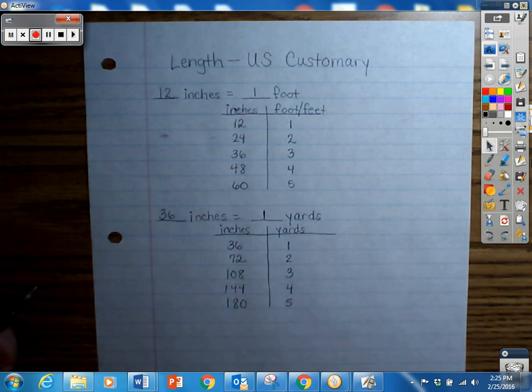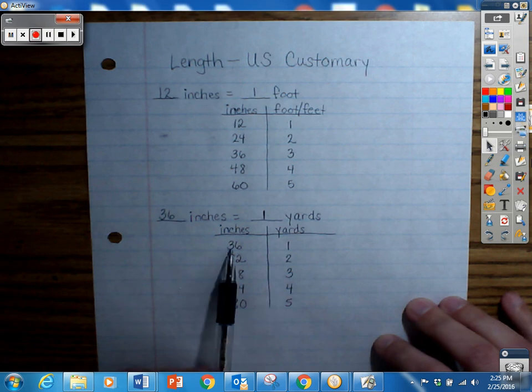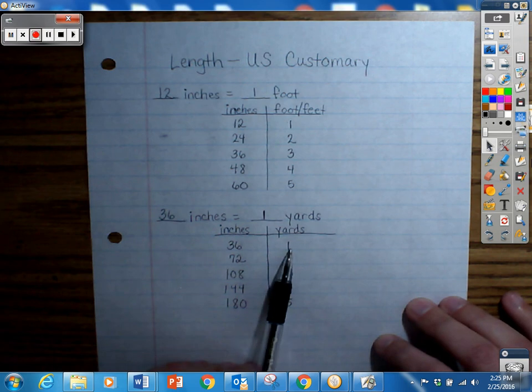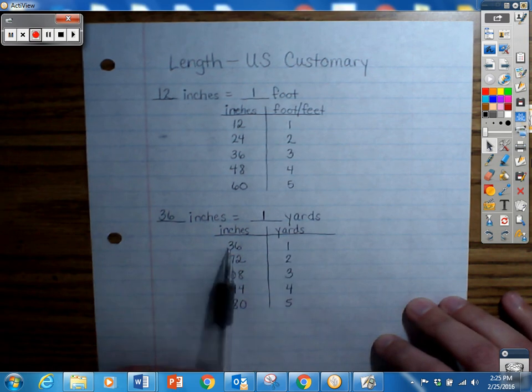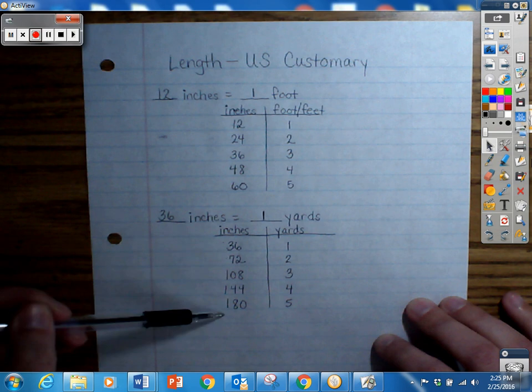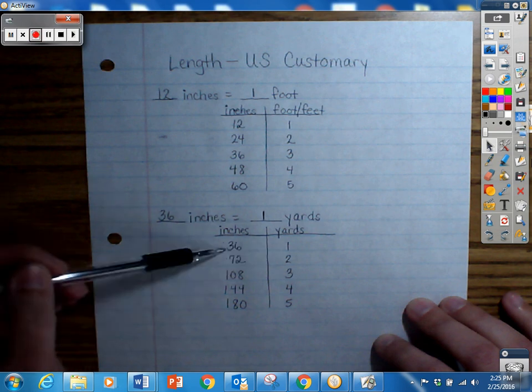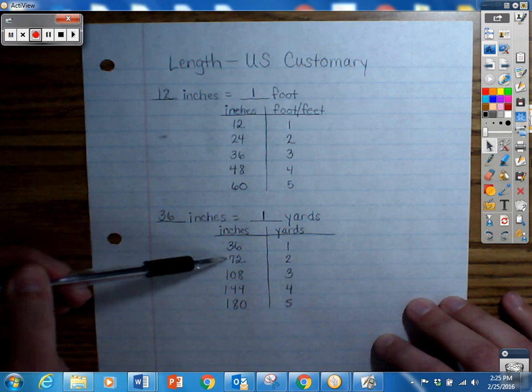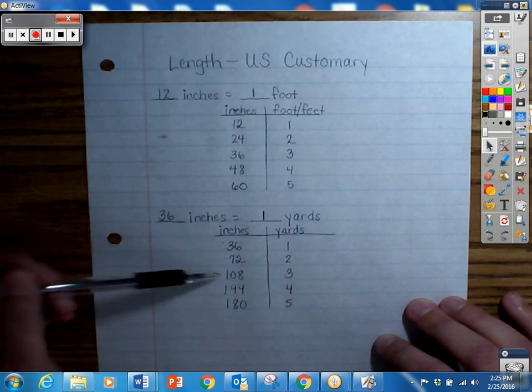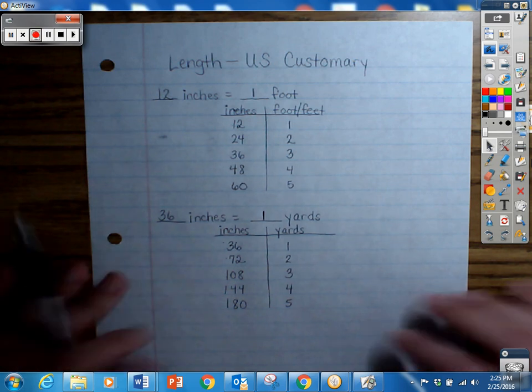And again, we could keep going, but we don't have to, as long as we know that 36 inches is 1 yard, and 1 yard is 36 inches. And we're just skip counting by 36. So 1 yard is 36. 2 yards would be 2 sets of 36, which would be 72. 3 yards would be 3 sets of 36, which would be 108, and so on and so forth.